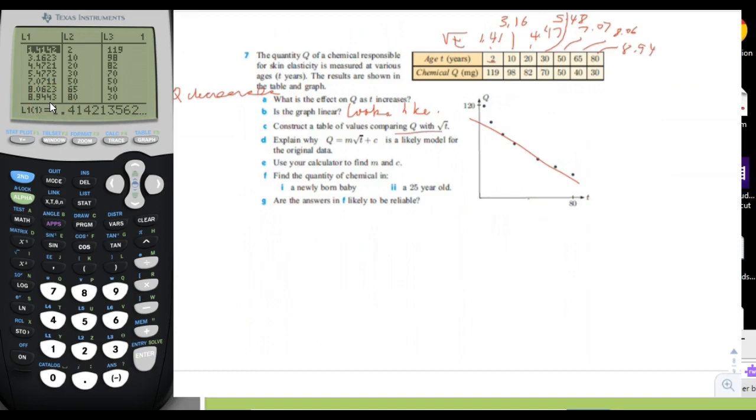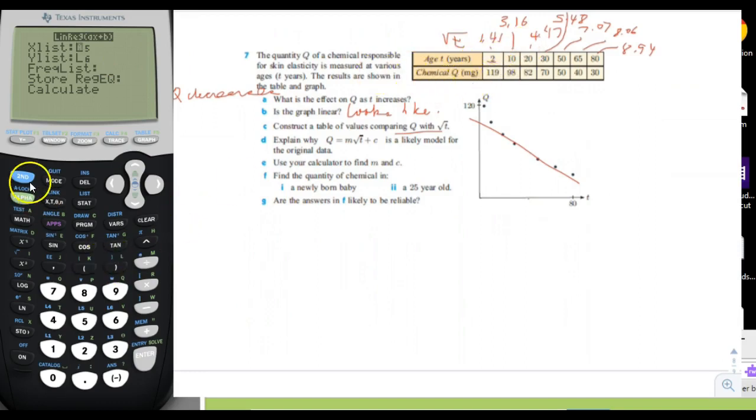Explain why Q equals M square root of t plus c is a likely model for the original data. Well, let's see. I'm going to test two things. One is I'm going to do a stat calc lin reg for the original data, which would be L2 and L3.